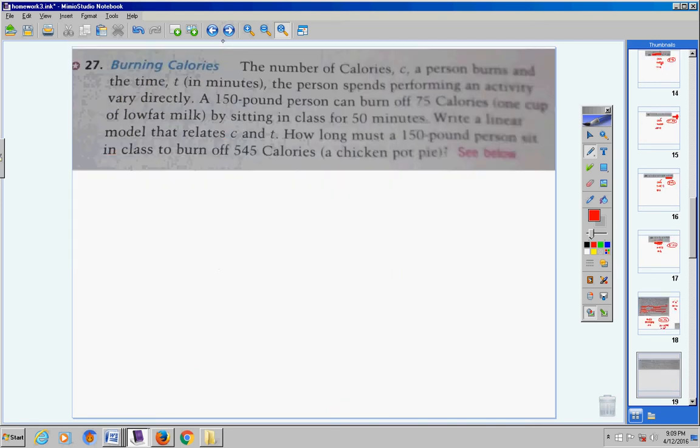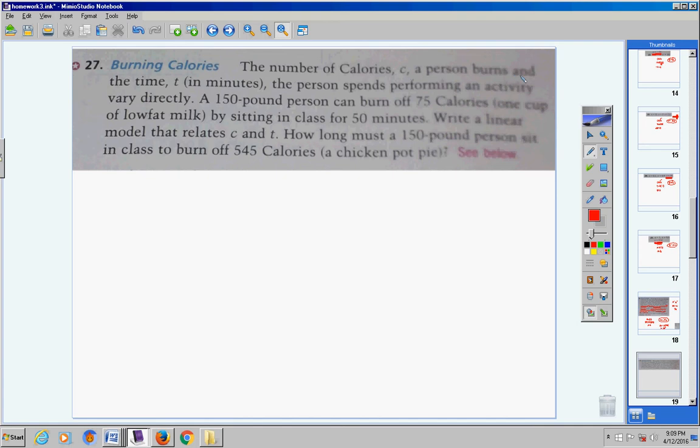Let's try another one. The number of calories a person burns in minutes. Let me read that again. Sorry, guys.